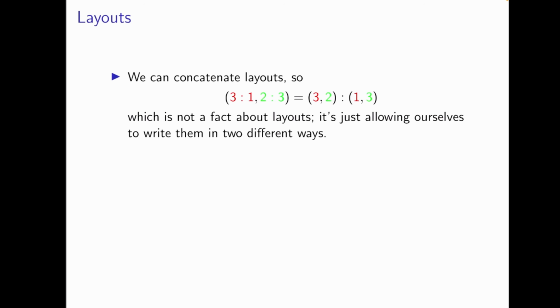You can feel like the red 1 goes with the red 3. The 1 is the stride, and the 3 is the shape. It can be more convenient sometimes to have the stride closer to the shape that corresponds to it, as opposed to giving the entire shape and then going back and giving the entire stride. So this is just a notation that allows you to do that in a more compressed way.